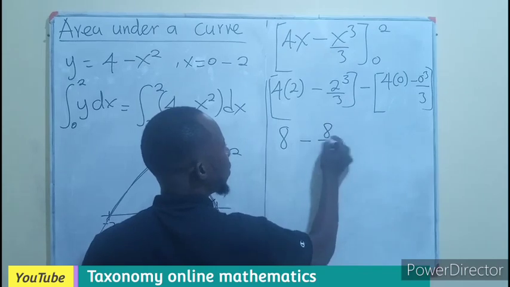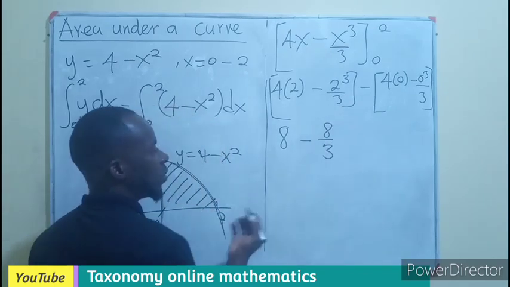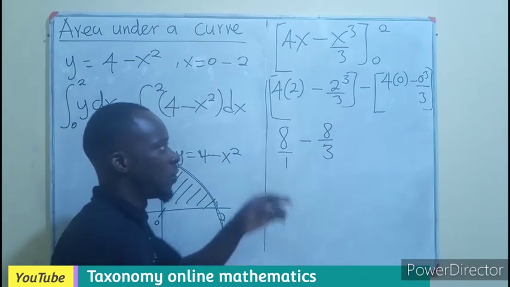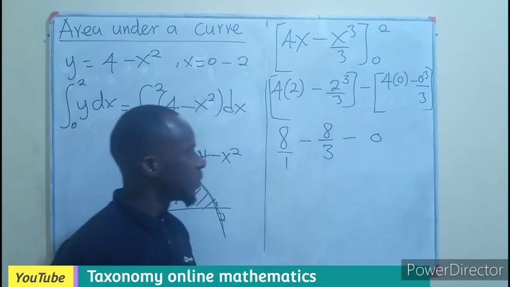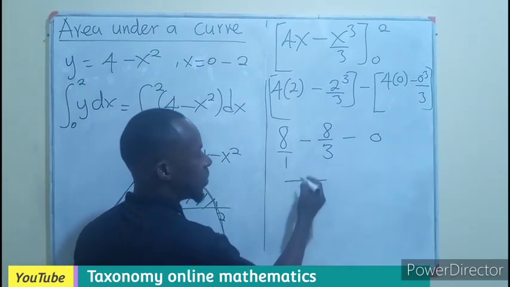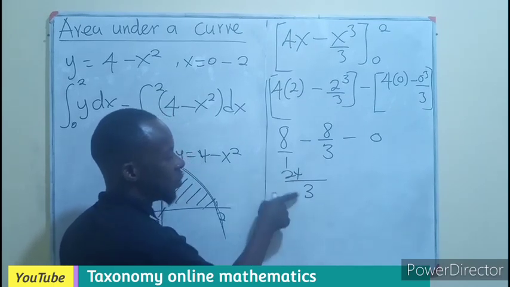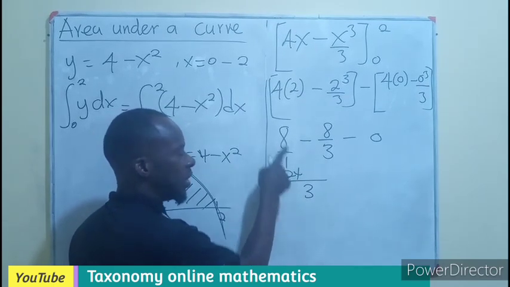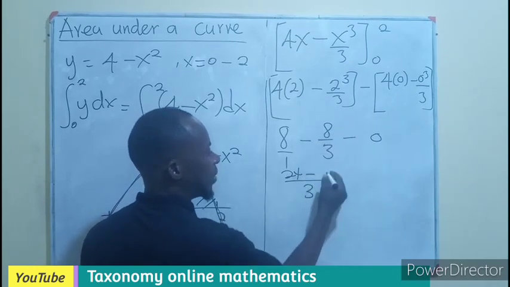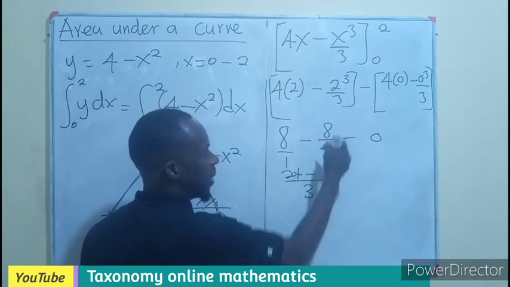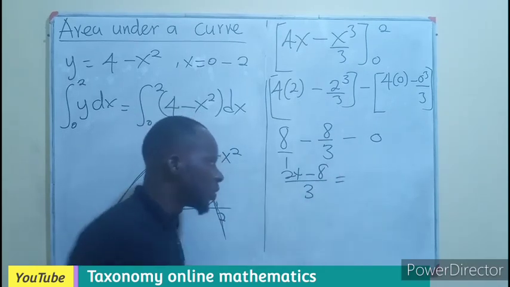minus 8 over 3. So don't forget this is going to be minus 0. What will be the LCM? 3. So 24, as in 1 go here 3 times, times this 24, minus 1 go here 1 times this 8. So what do we get?